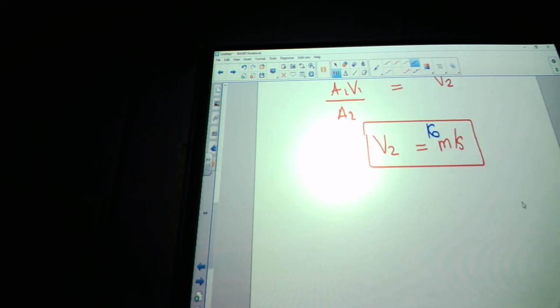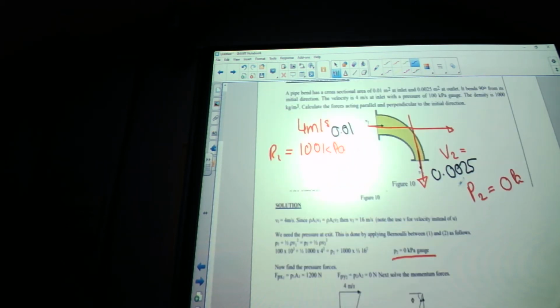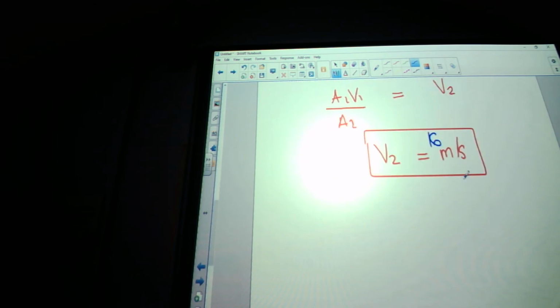First I need to find which direction V2 is. V2 is this direction and this direction is V1. So if I draw V1 and V2, V2 is 16 meters per second. Make sure you put the values in and check it. And V1 here was 4 meters per second.